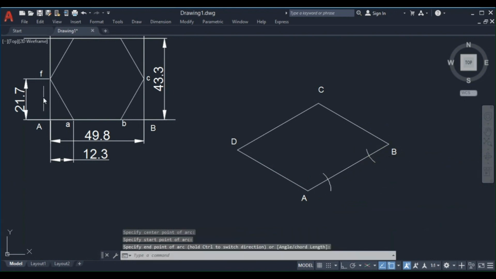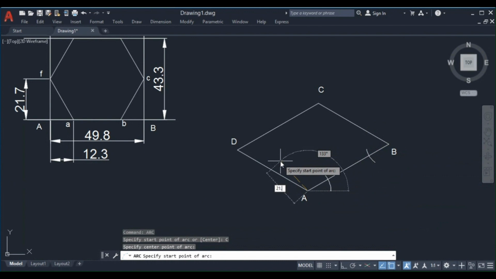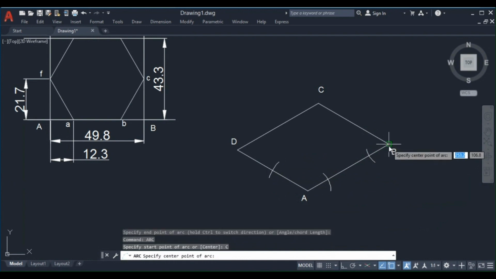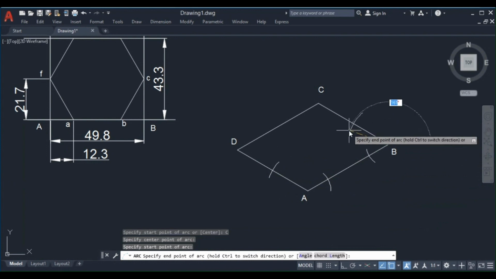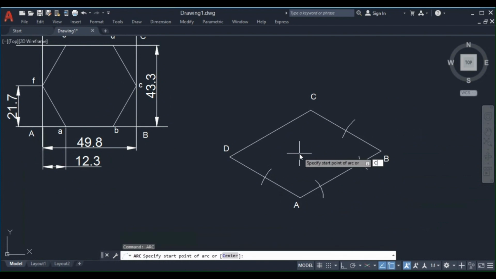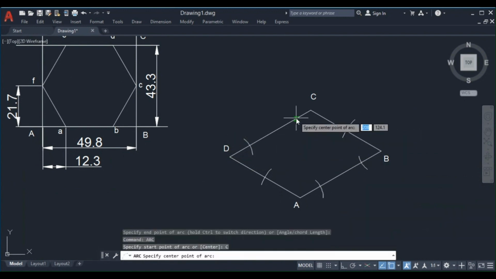Now this height 21.7. This is 21.7, and this also 21.7. Now what is this again? 12.3, 12.3, 12.3, 12.3.